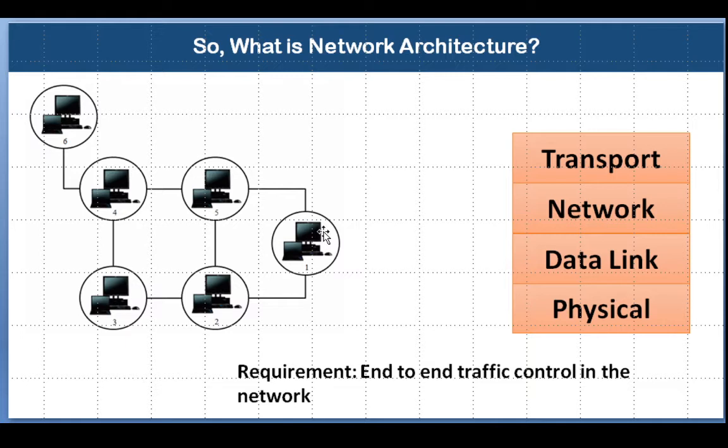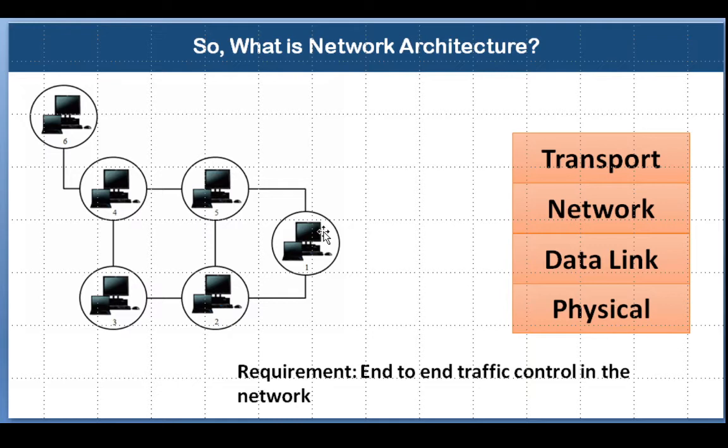So one more layer, the transport layer, is added to ensure and handle the traffic control. That end-to-end traffic control in the network is handled by the transport layer. So that is one more additional layer which is added when we are extending the network. And through the internet, we are globally connected to each other.